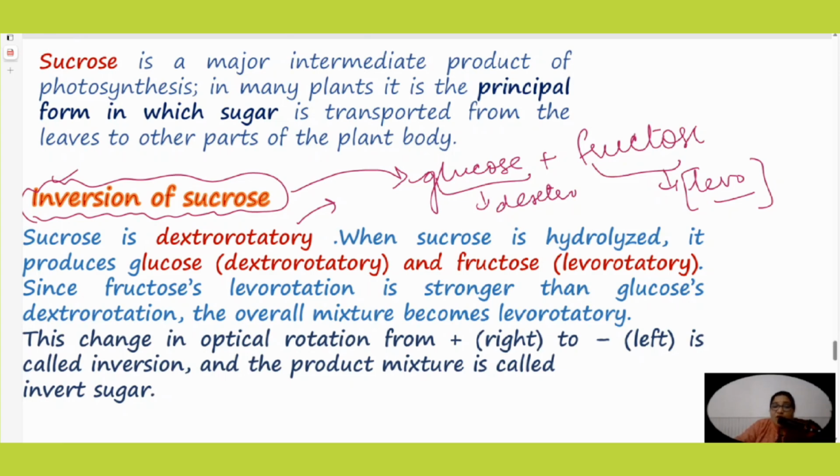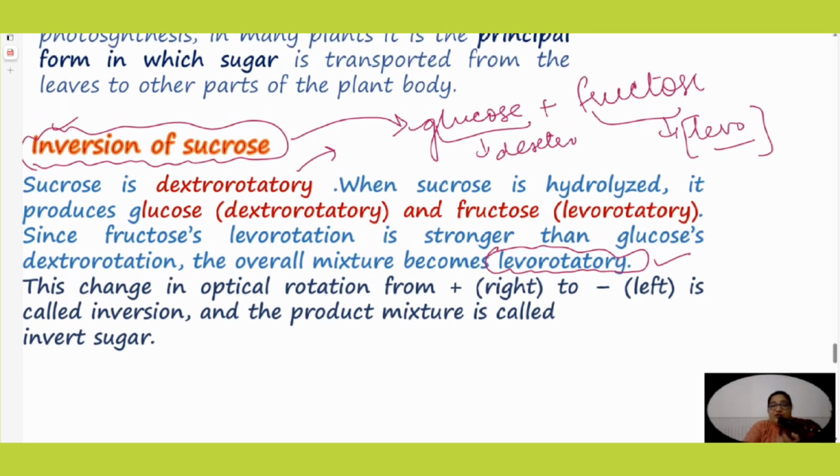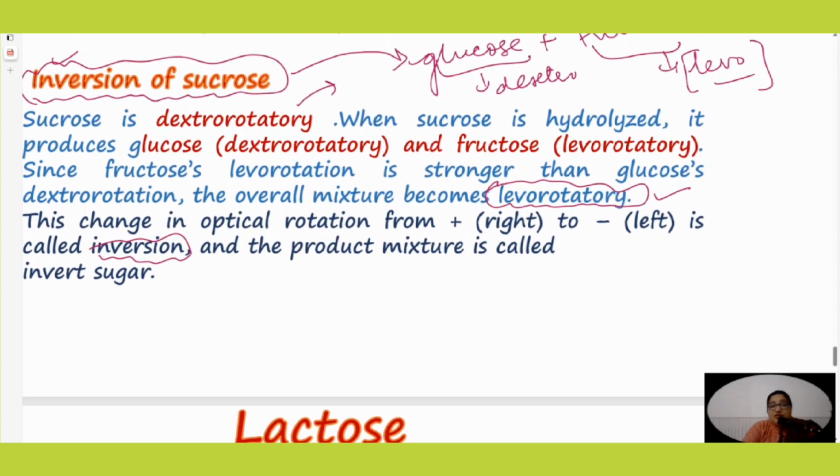So overall, the mixture becomes levorotatory. So this change in the optical rotation from dextrorotatory to levorotatory is called inversion, and the product mixture is known as invert sugar.